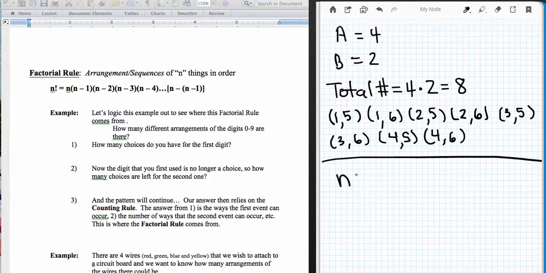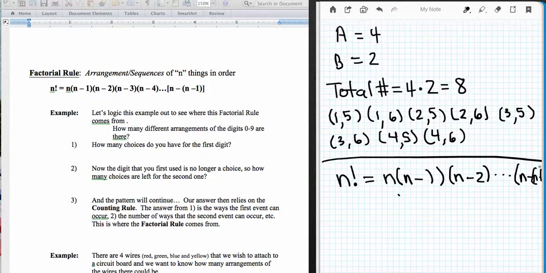So this n with an exclamation mark is read as n factorial. And n factorial starts out with the number of ways for the first one, and then there's one less number of ways for the second one, and then there's 2 less ways for the third event, and so on and so forth, on down to when we have n minus 1.